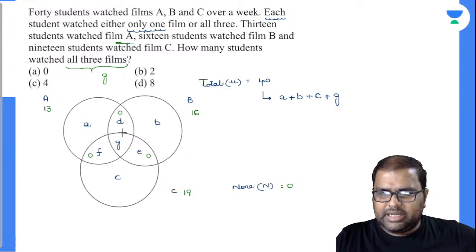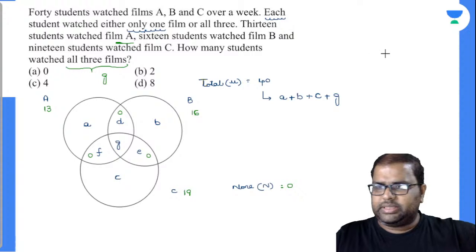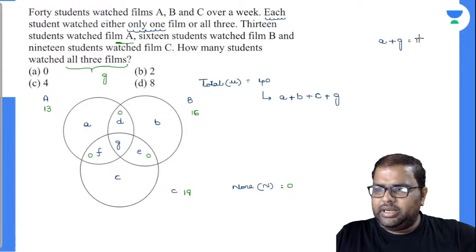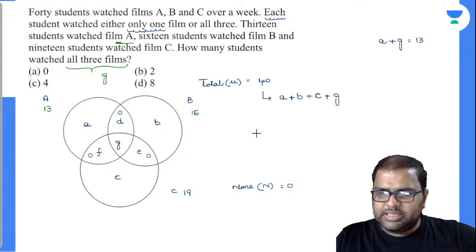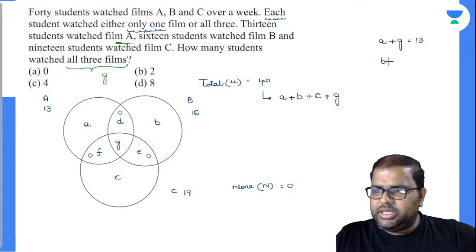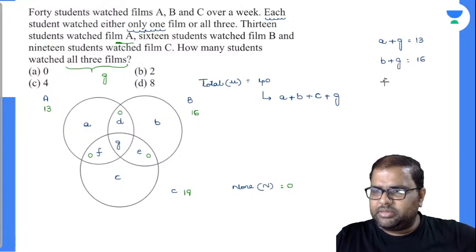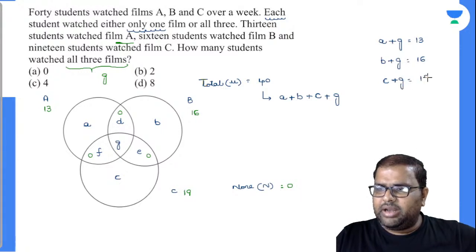If you take the circle called A, only small a and small g values are left. So A plus G is nothing but equal to how much? Is it 13? Yes. Next one, come to B circle. B plus G is nothing but equal to 16. Yes, perfectly done. Next one, C plus G is nothing but equal to how much here? 19. Okay, fine.